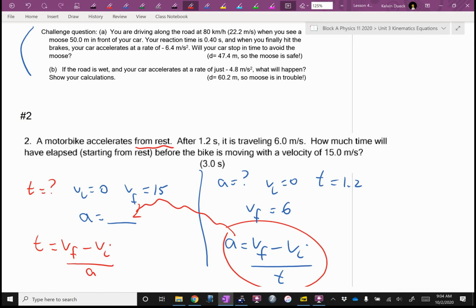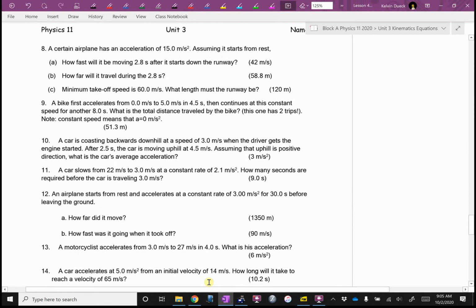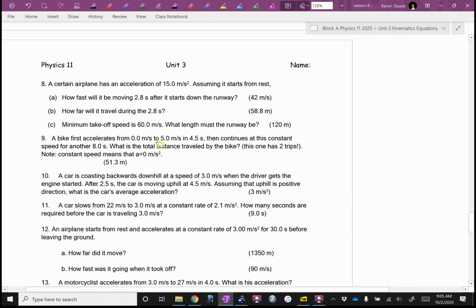If I sense it's a 2-step question, my high-tech organization is I draw a line down the middle of the page, or you can draw a horizontal line, but I usually want to keep everything on the same screen. I think number 9 was also a 2-step question. You're going to have to find something and then find something.